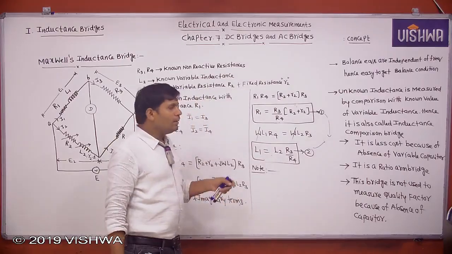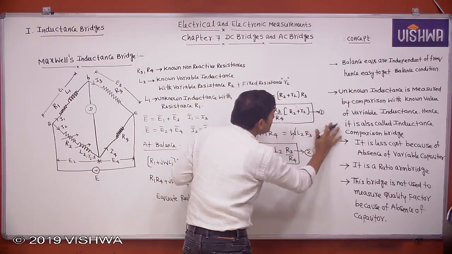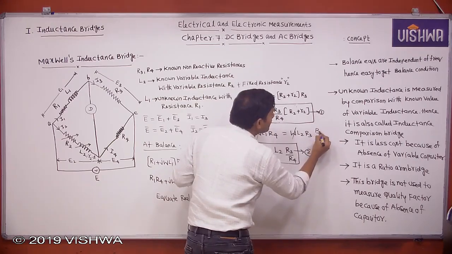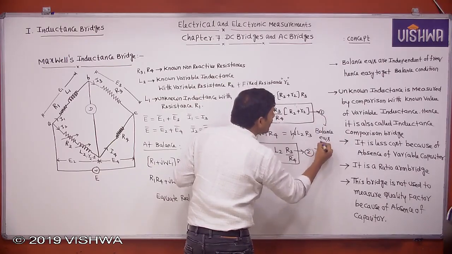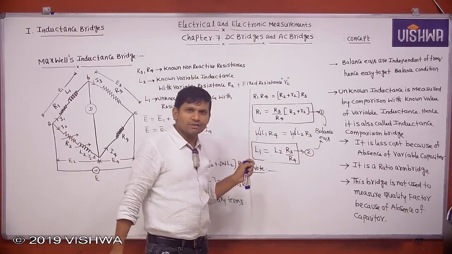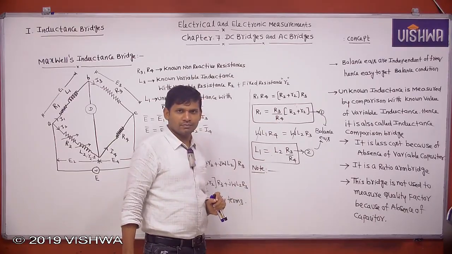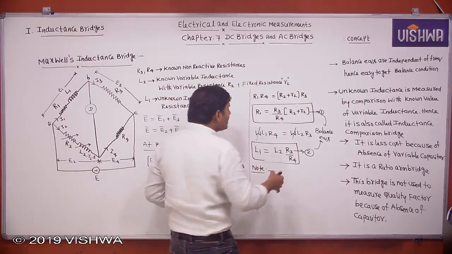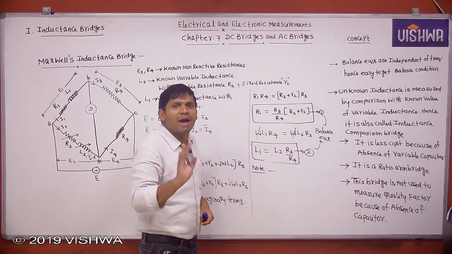In this, equation 1 and equation 2 are the balance equations. What are balance equations? They represent the unknown values in terms of the known values. In these balance equations, if R3 and R4 are selected as variables, the bridge will never be balanced.